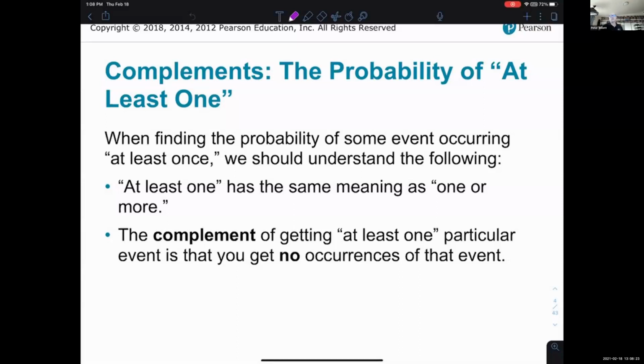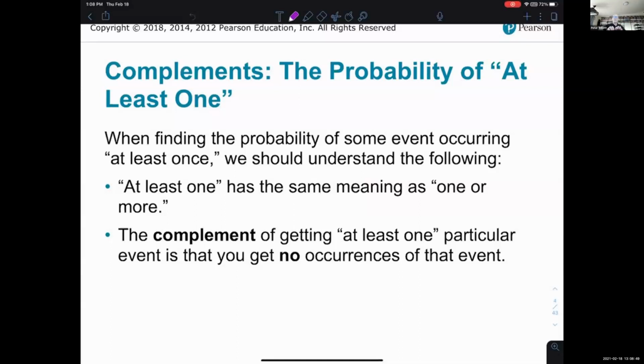The complement of at least one particular event is that you get no occurrences of that event. The complement of getting heads at least once is that I never got heads when I was flipping a coin multiple times. The complement of having 5 kids and having at least one girl, the complement of that would be that you had all boys. Now, again, the word complement, if that's hanging you up, that's in 4.2.